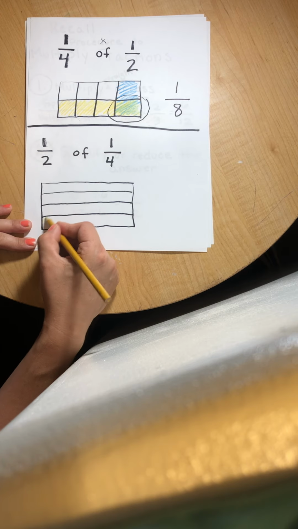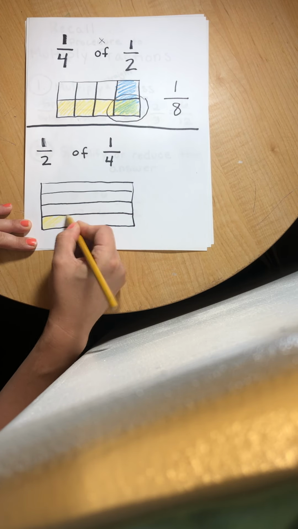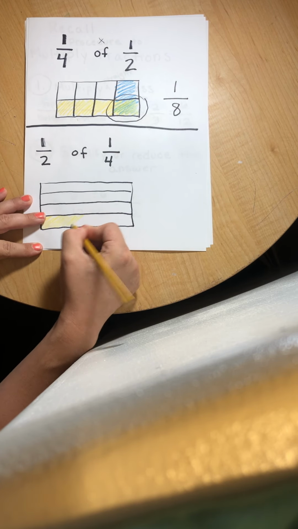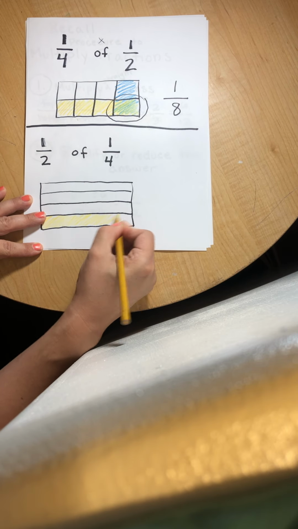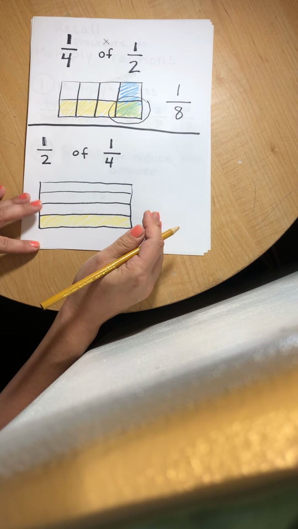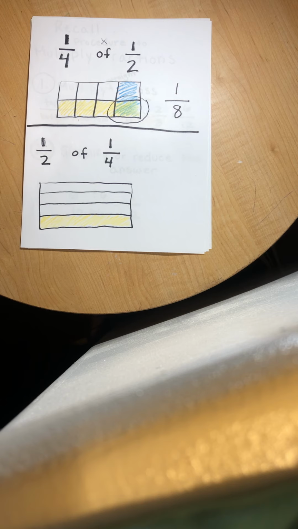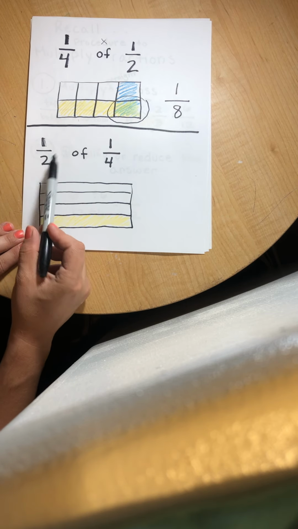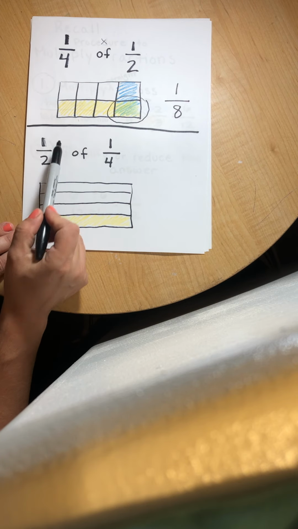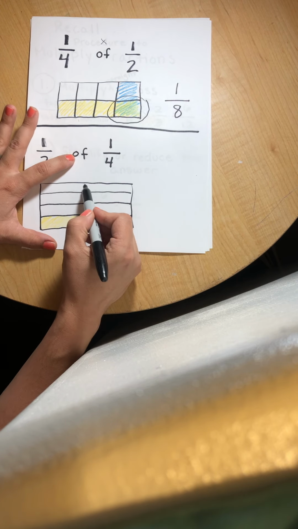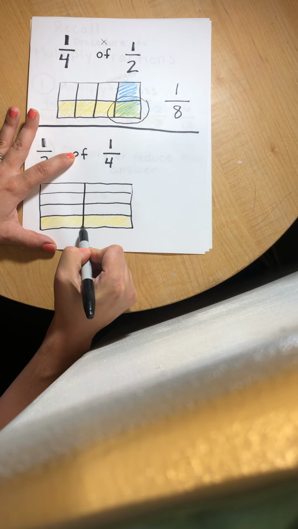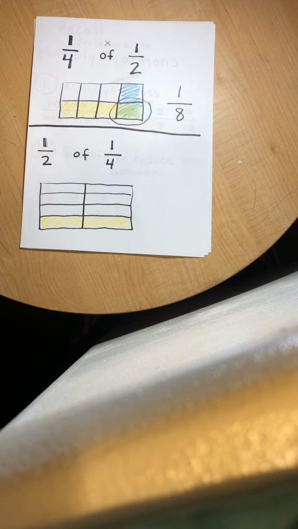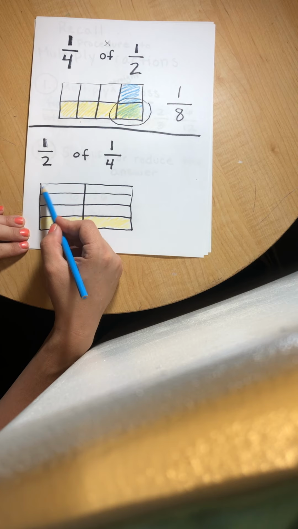So I'm going to shade one section. That's 1/4. Now I'm going to use a vertical line to represent 1/2. So just in the center, 1/2. Then I'll use my other color to shade in 1/2.